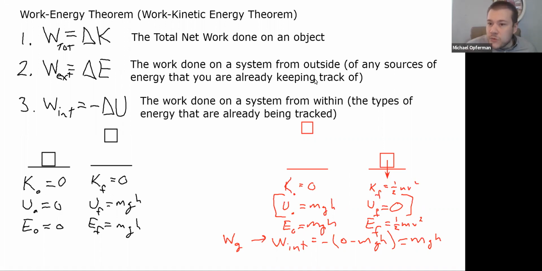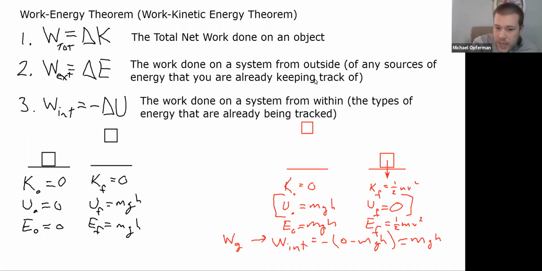Since I used the gravitational potential energy there, I know that the work I'm calculating is the work done specifically by gravity. Now, in this case, gravity is the only force doing work on the system. I have just calculated the work done by gravity.